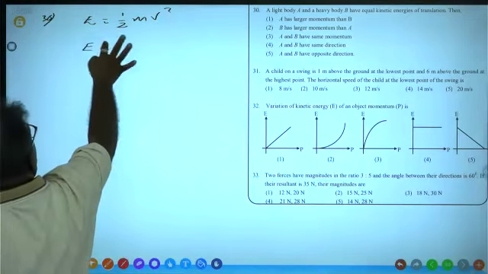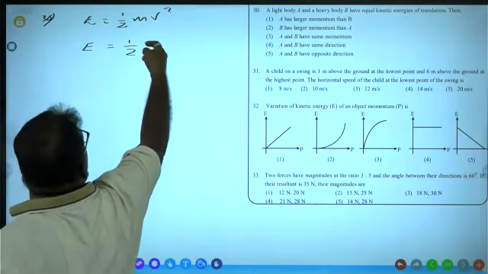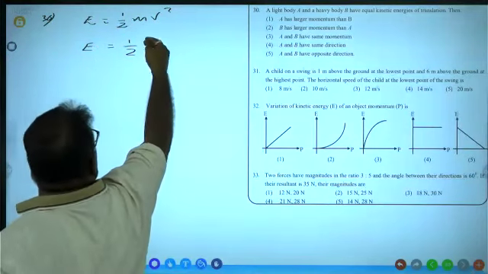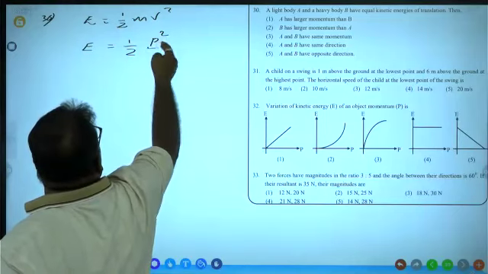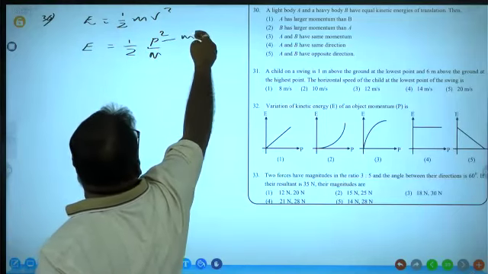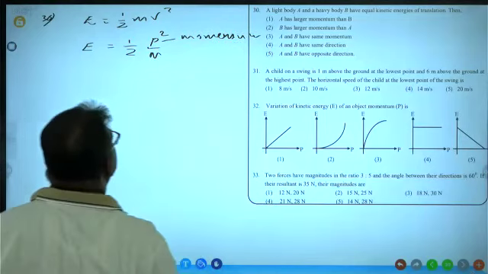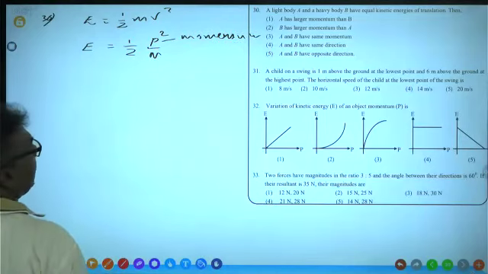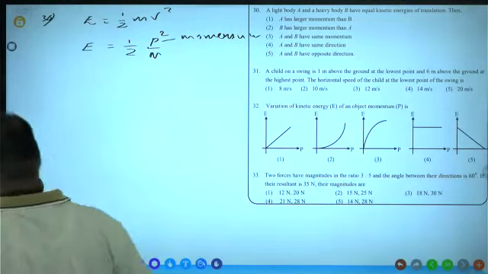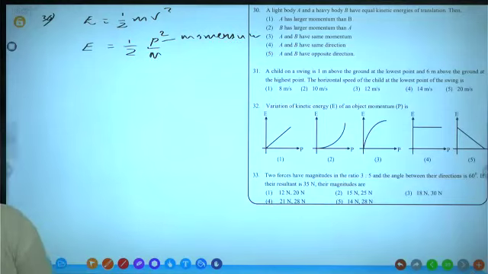In addition to that, we can say it is half p squared over m, where P is momentum. Then the kinetic energy of both, according to the question, is equal.